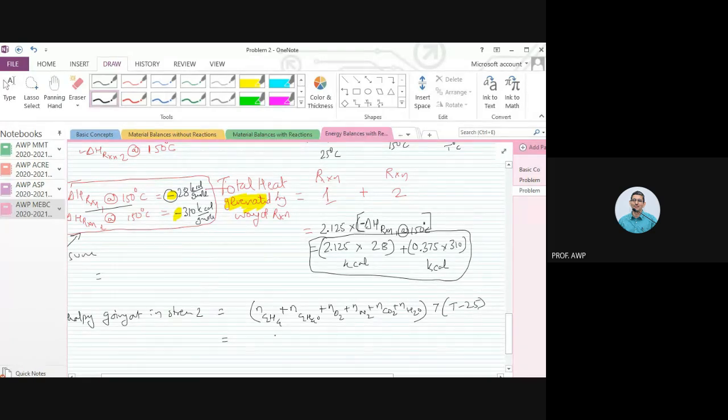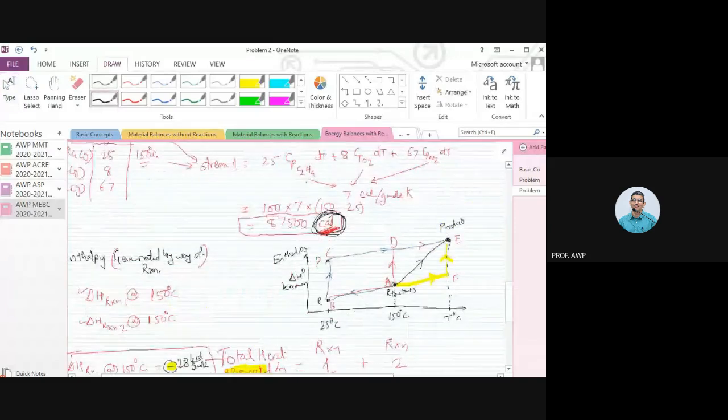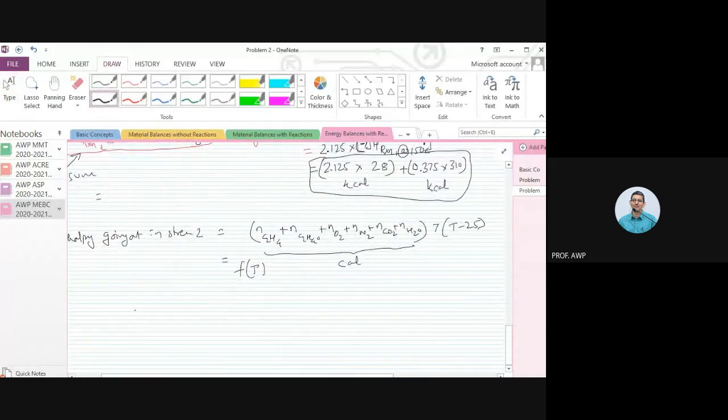So all this you can find out. Again, this is going to be in terms of calories. It will be some function of temperature. It's an algebraic equation. So all I have to do is this 87,500 calories plus 2.125 into 28 plus 0.375 into 310, which is in terms of kilocalories, must be equal to all this going out, some linear function of temperature T, in terms of calories.